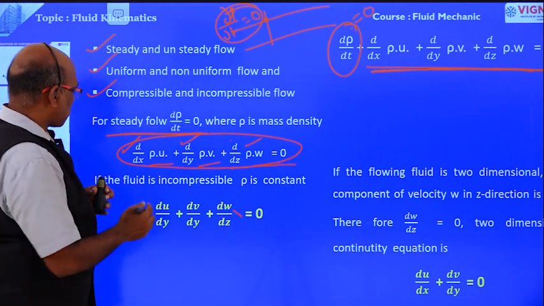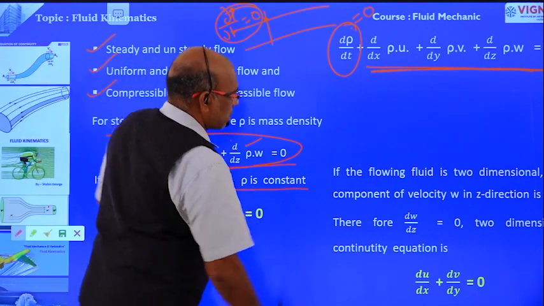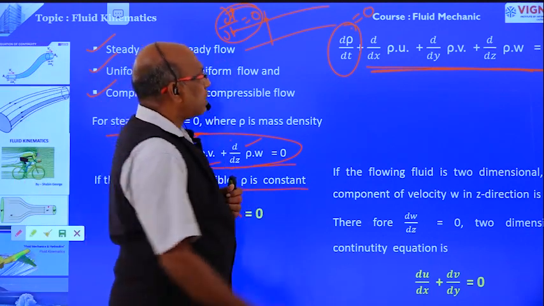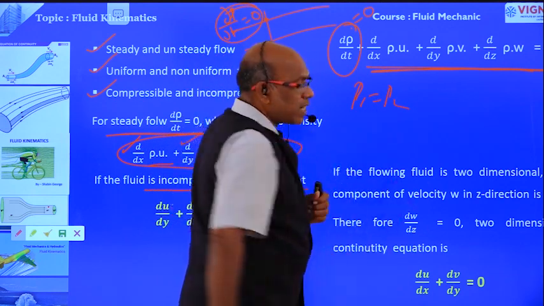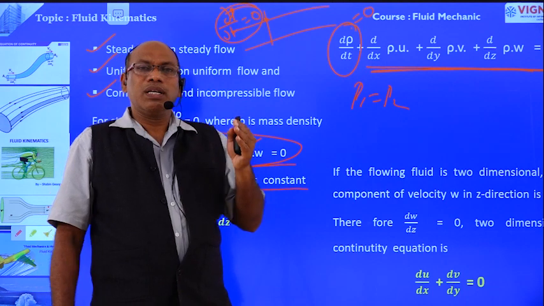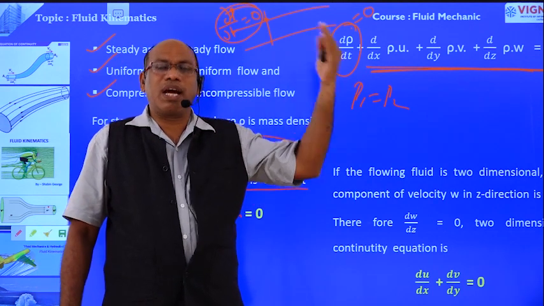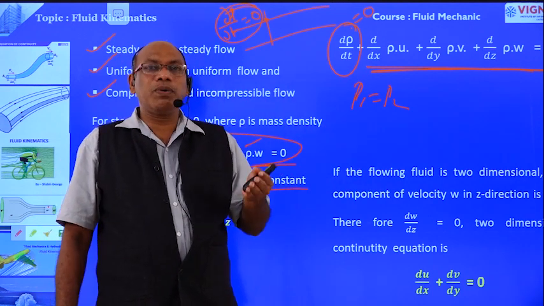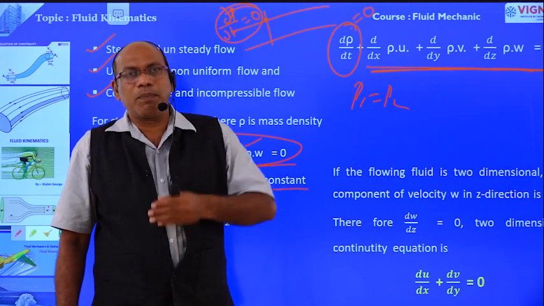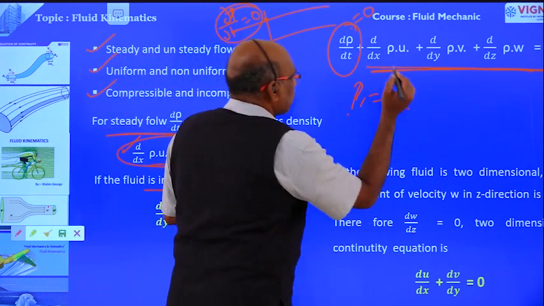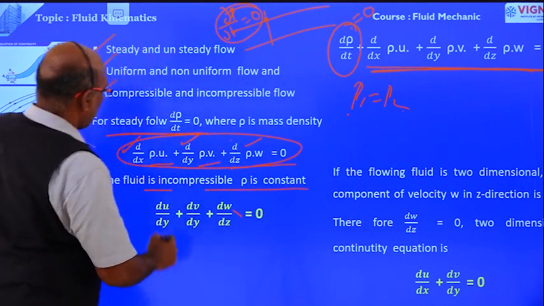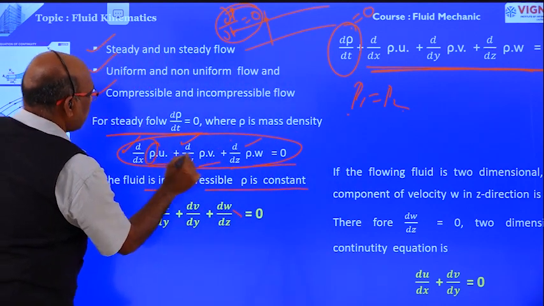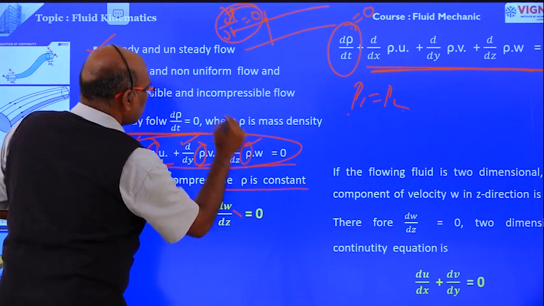Next, in case of incompressible fluids, rho 1 is equal to rho 2. The density at one section is equal to the density at another section. Therefore rho 1 is equal to rho 2 is equal to rho 3.